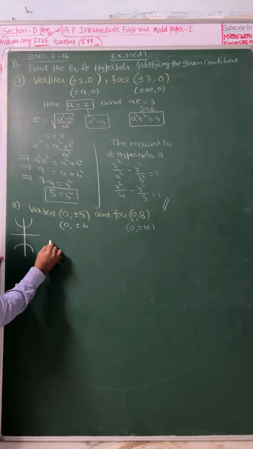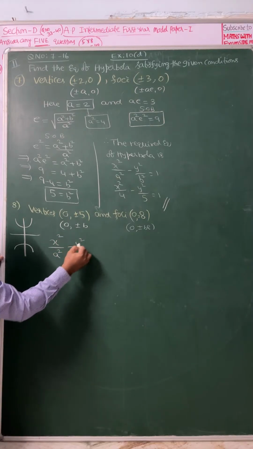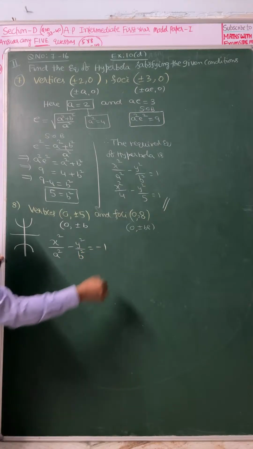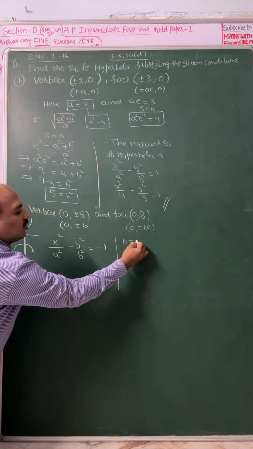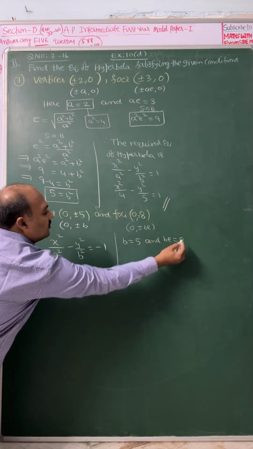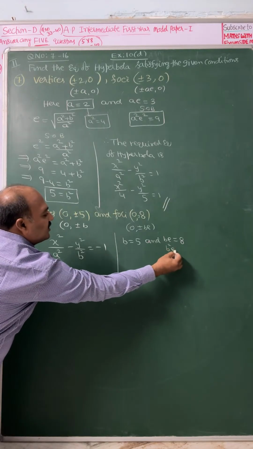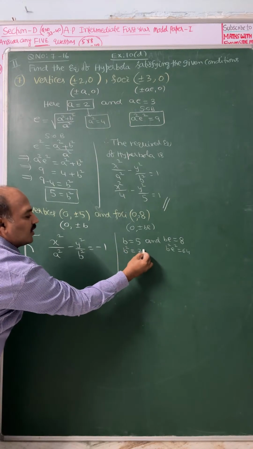The required equation of the hyperbola is x square by a square minus y square by b square equal to minus 1, dear students. So from here b is equal to 5 and b e is equal to 8. Squaring on both sides, b square e square equal to 64. So b square equal to 25.